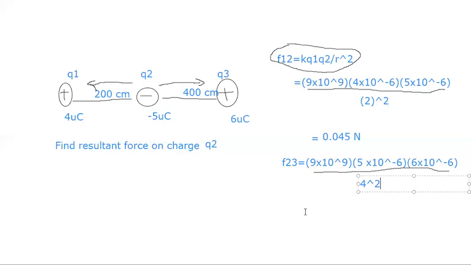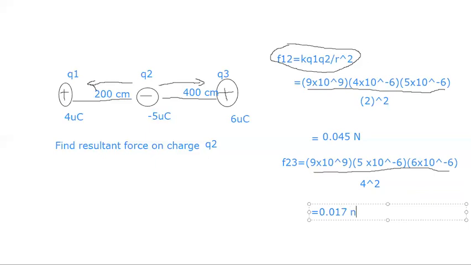If I calculate the answer here, it is 9 cross 10 power 9 into 5 into 10 to the power minus 6 multiplied by 6 into 10 to the power minus 6 divided by 4 square. So the answer is 0.0168, which I can write as 0.017 Newton.